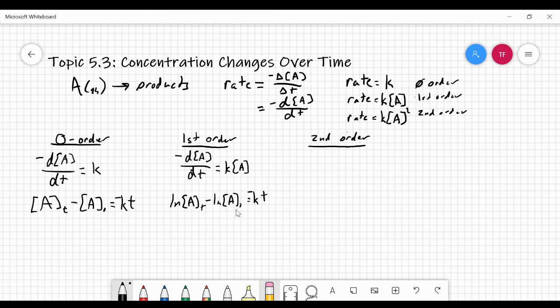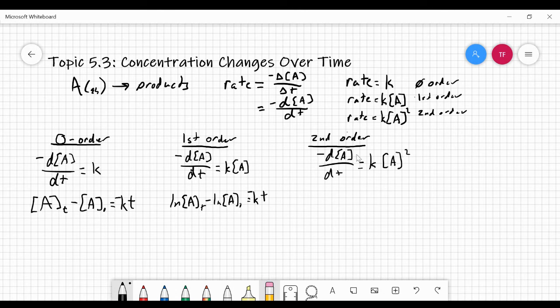If we know the initial concentration of A and the value of the rate constant, we can calculate how much A will be left at some amount of time later on. So this is our integrated rate law for a first order reaction. If it's a second order reaction, then negative d[A]/dt is going to equal the rate constant times the concentration of A to the second power.